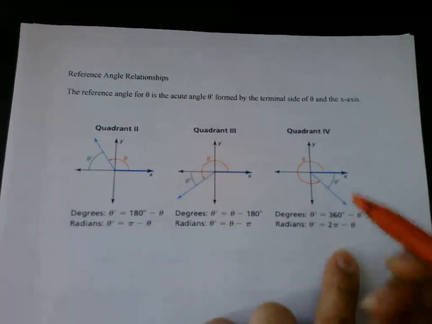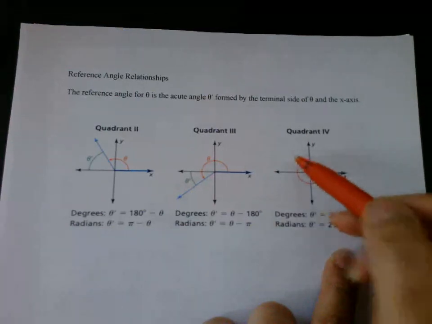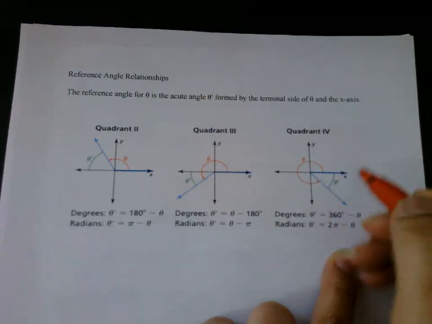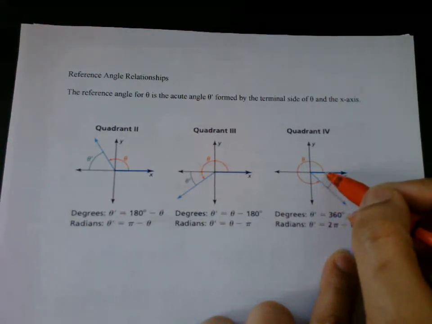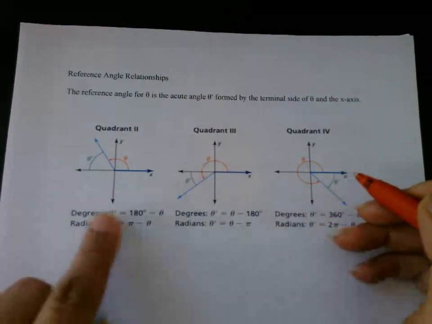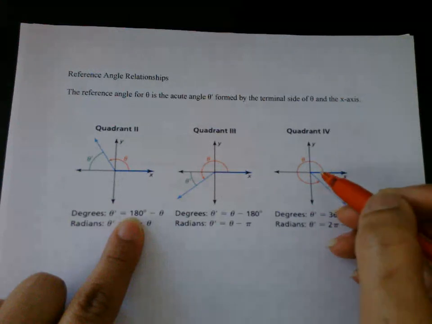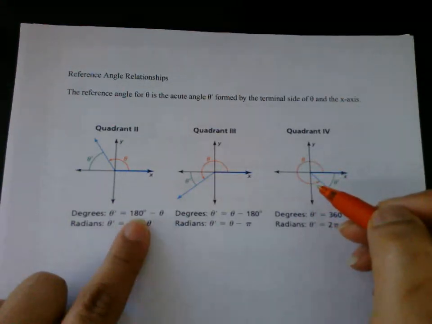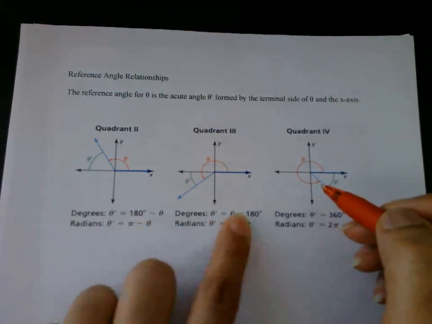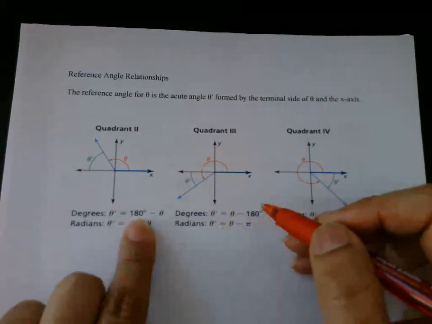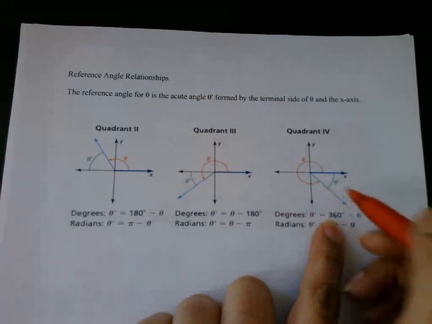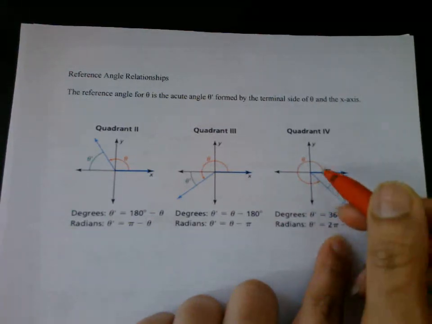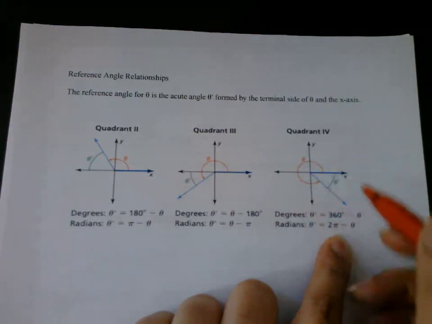If it ends in quadrant 4, and it is very close to forming the 360 degrees, instead of subtracting 180 degrees from the circle angle as in the third quadrant, or 180 degrees minus the circle angle, we will subtract the circle angle from 360 degrees, because 360 degrees is the whole entire circle.